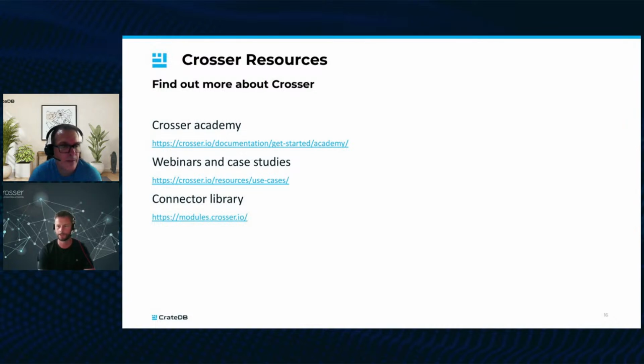Yeah, that's a good point. So the idea with Corsa is we are following kind of an openness approach. So there's a lot of information available publicly from webinars and then case studies, but you can also get your hands dirty if you like and sign up for a free trial, which pretty neatly goes hand in hand together with the Corsa Academy. The Academy is an on-demand training that you can just go through by yourself whenever you have time.